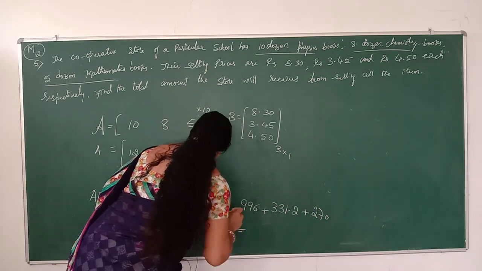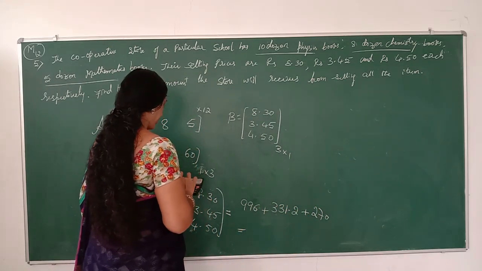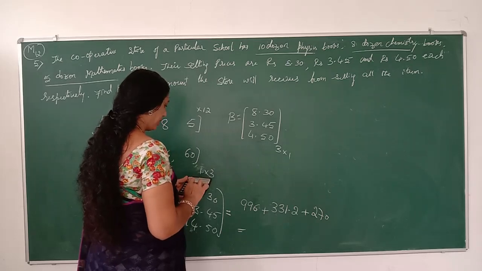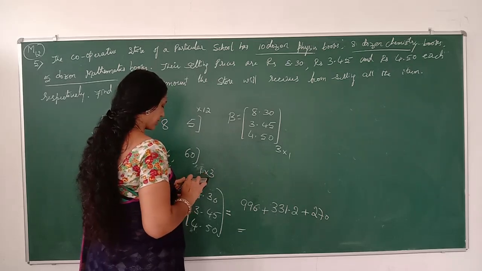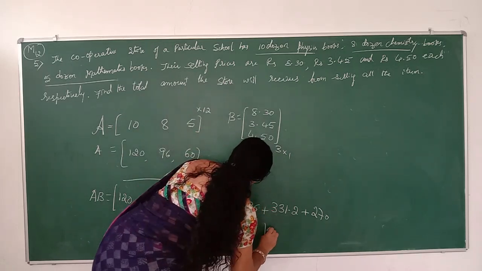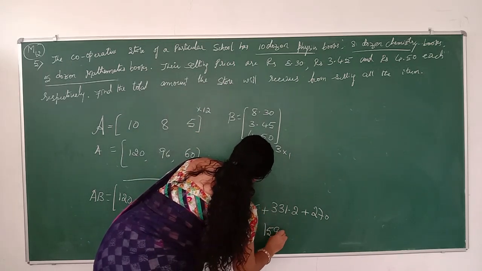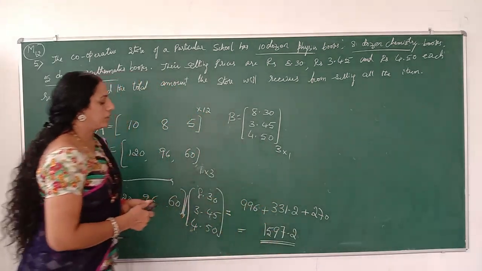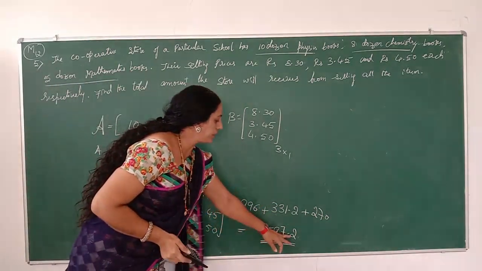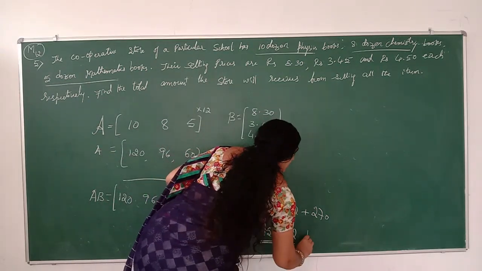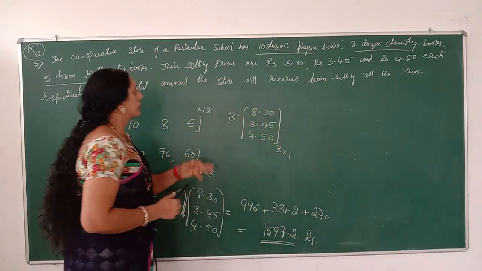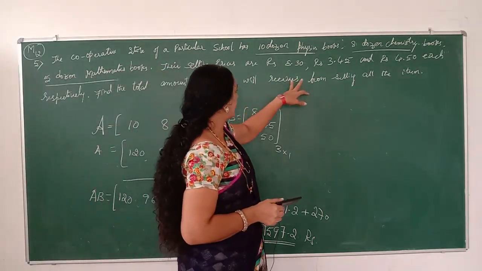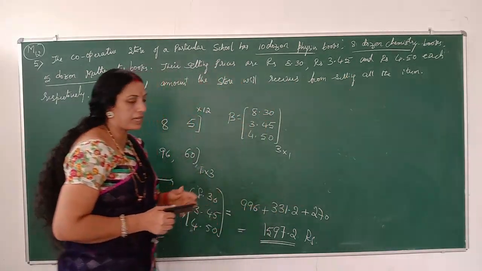Therefore, their sum is 270 plus 331.2 plus 996. That is 1,597.2 rupees. That is the total amount the store will receive from the selling of all the items.